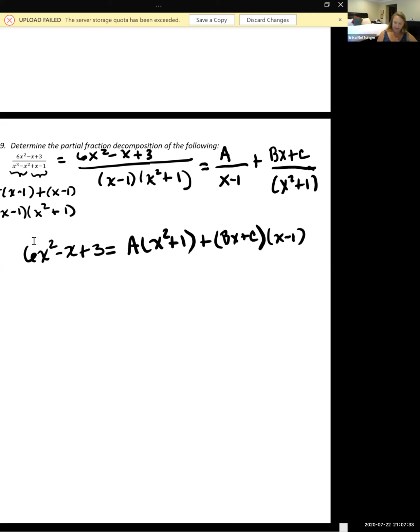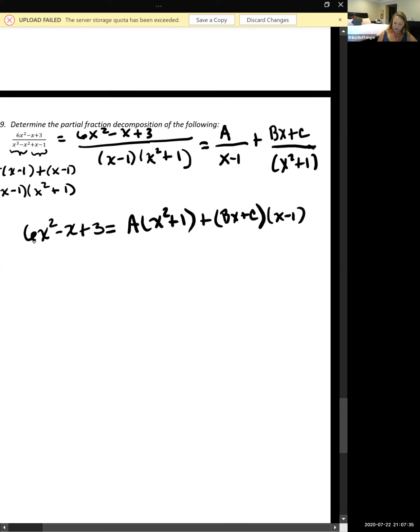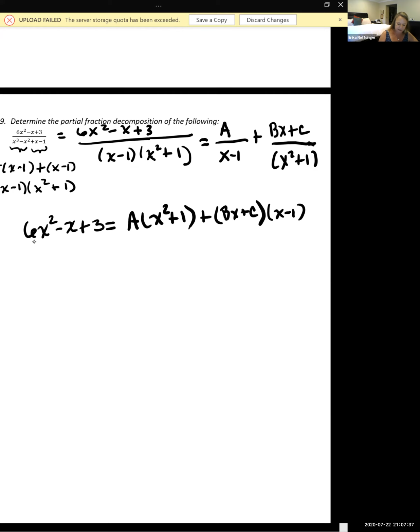This is the one we can't use that shortcut I was telling you about, so we want to expand this, and so let's just rewrite it.